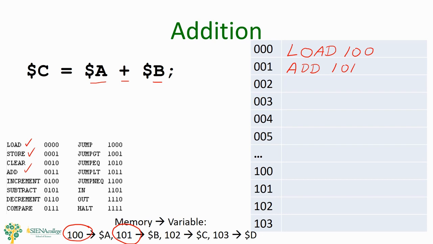And lastly, we want to store it in C. So store, and C is in 102. So those three lines of code give us the equivalent of this one line of Perl. Load A, add B, store it back in C.